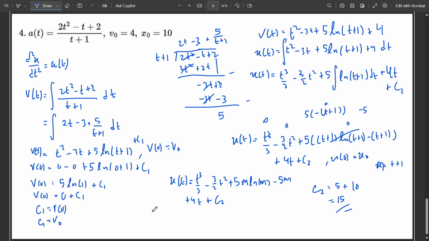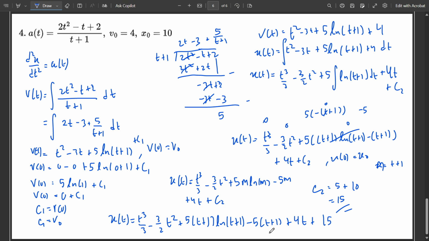Okay, so if we rewrite this, x of t is t cubed over 3 minus 3 over 2 t squared plus 5 times t plus 1 ln of t plus 1 minus 5 times t plus 1 plus 4t plus c2, which is our 15.